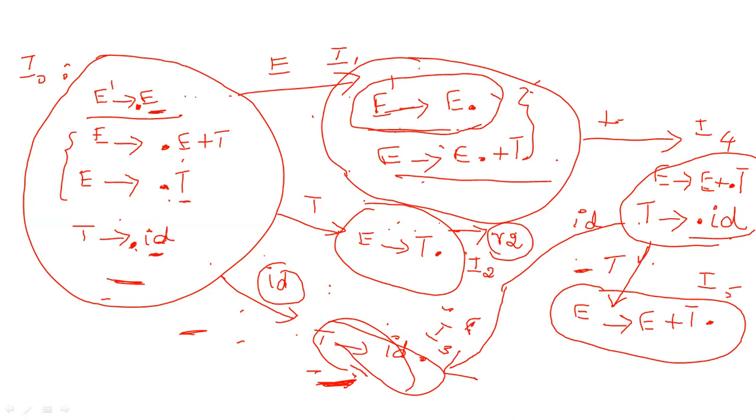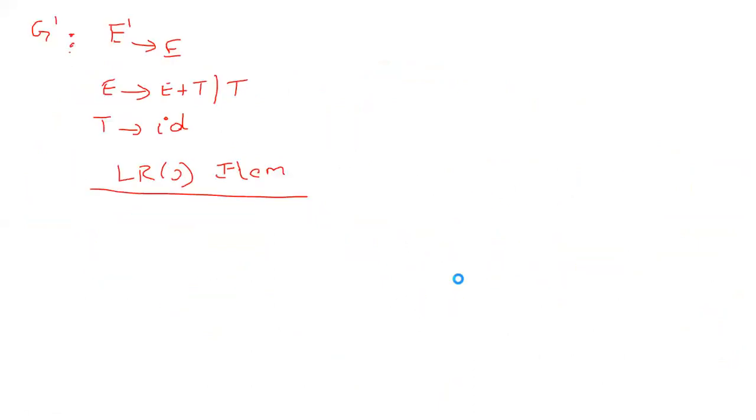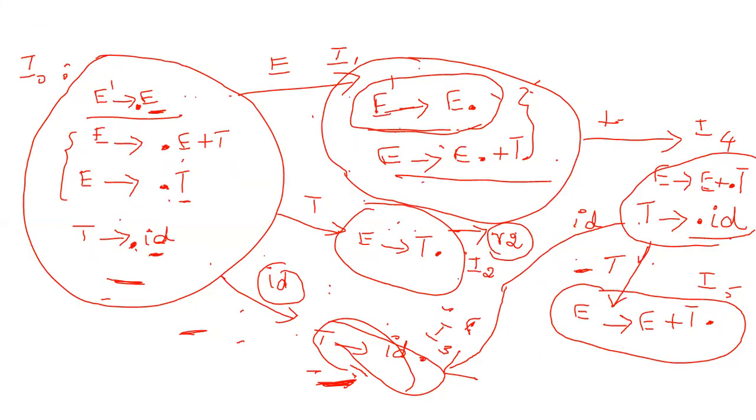So I can put it as R2. Right? And see I3. I3 also consists of only one production. That is T implies ID dot. T implies ID is the third production. Right? So here the third production got reduced. So in I3, the third production has been reduced, right?